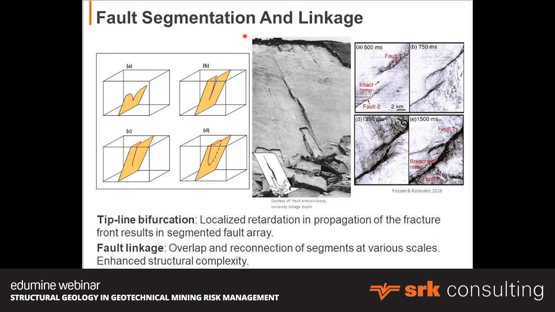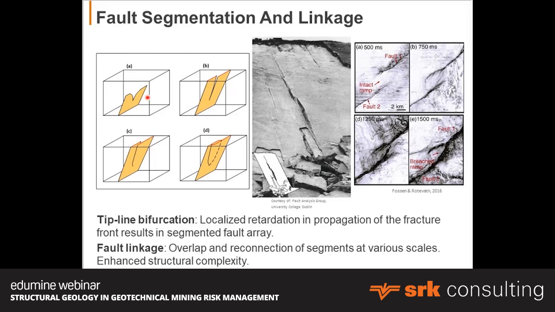One thing that I would very much like to emphasize here is the actual process of fault formation, because it's very important to understand this when you're looking at it in a mining environment. Faults form through the process of propagation, then segmentation and linkage.